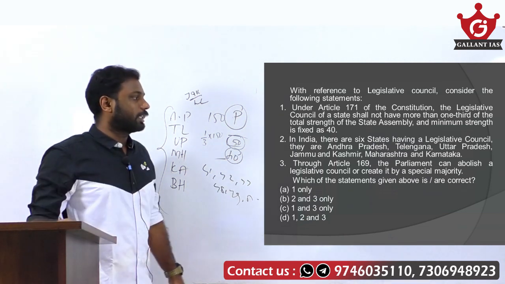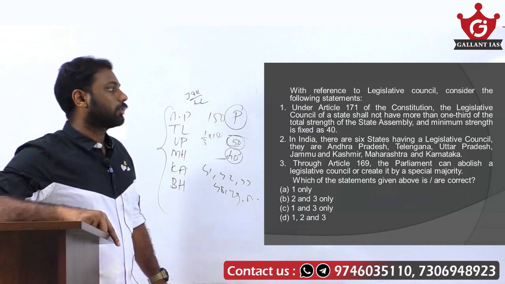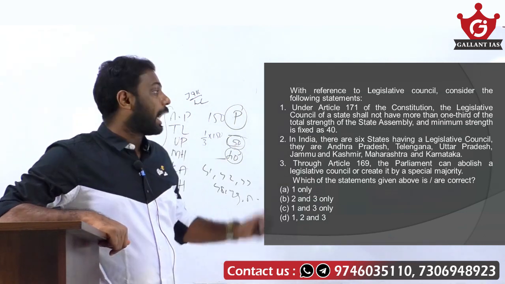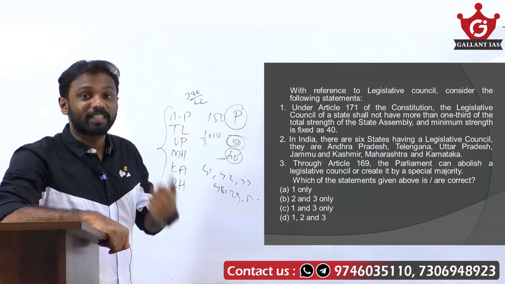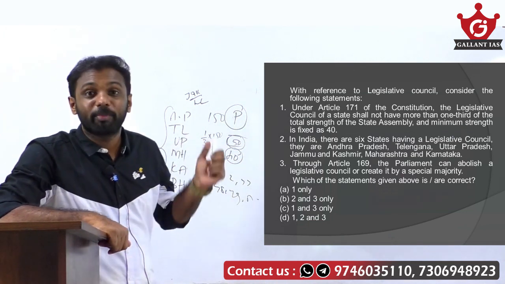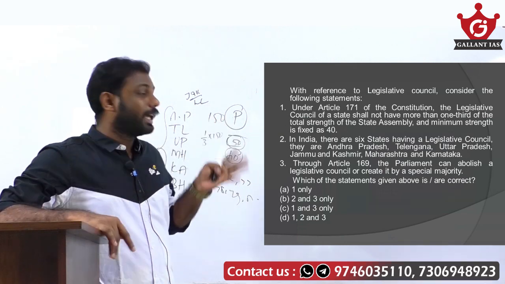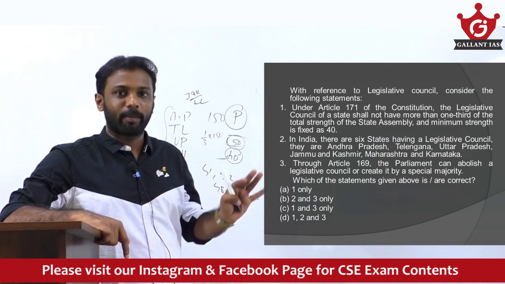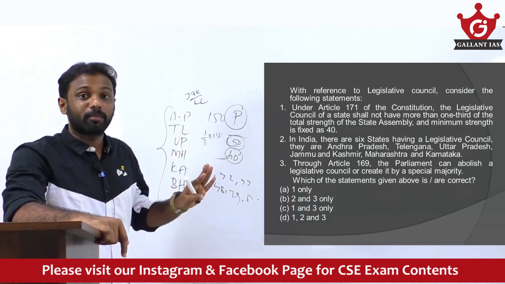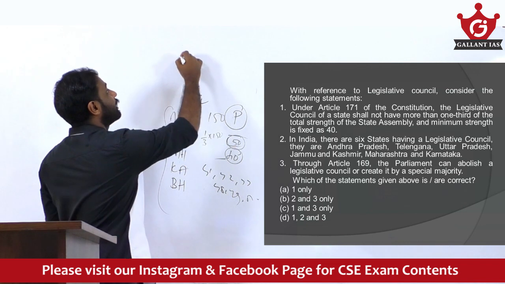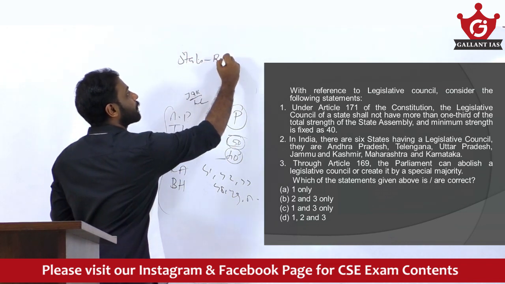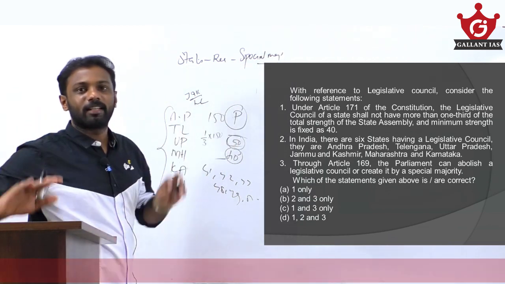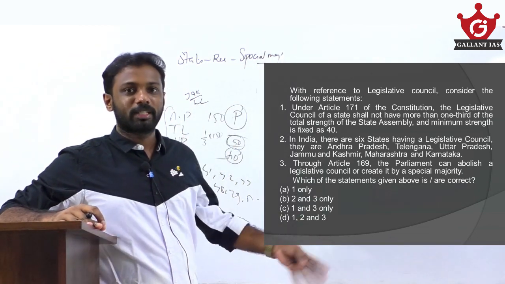Through Article 169, Parliament can abolish or create a legislative council. The correct procedure is, if a state needs to create or abolish a legislative council, first the concerned legislative assembly passes a resolution by a special majority saying that we need a legislative council or we need to abolish our existing council.